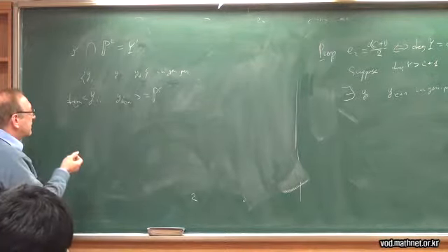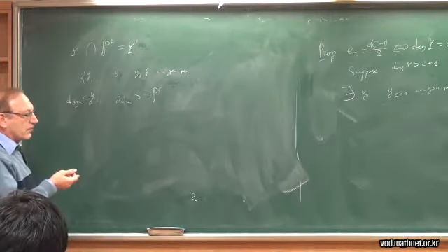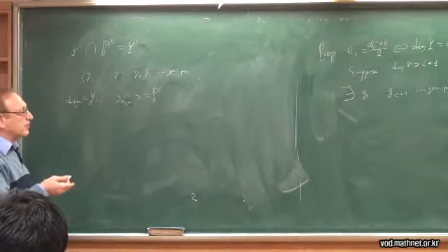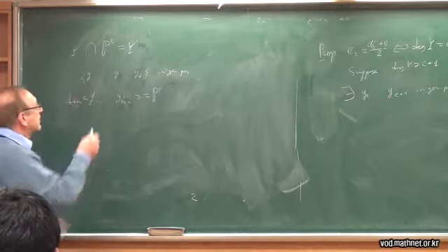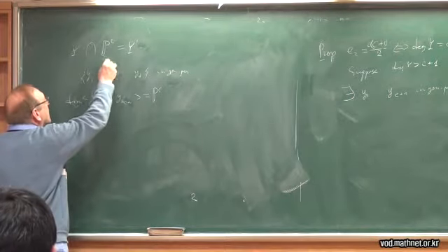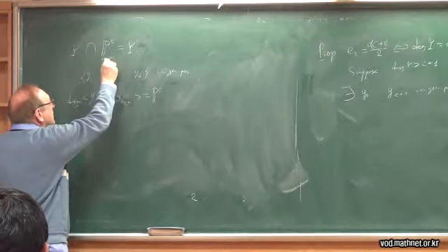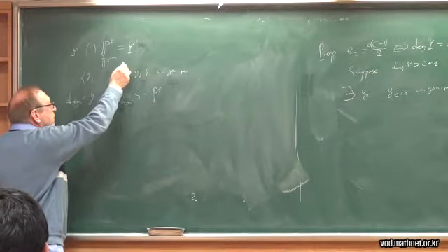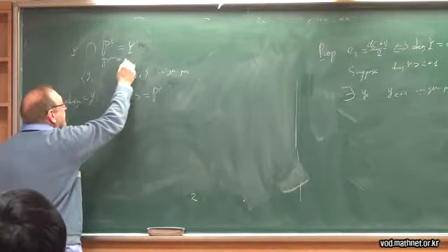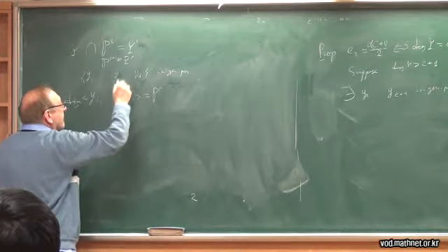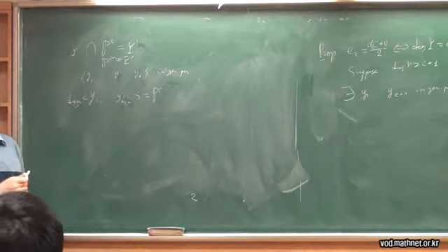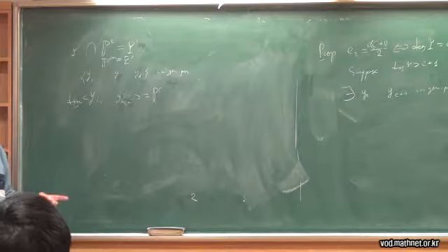I'll do this, for example, for curves. It is sufficient because first we can cut y by c plus 1 hyperplanes, and then we get some curve. And then we cut once more by a hyperplane, and then we get finitely many points.